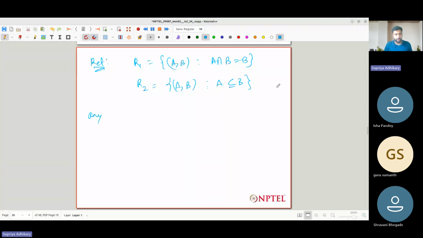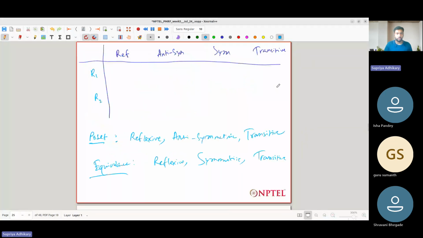Consider any arbitrary set A. Now A intersection A is indeed A, so that implies that AA belongs to R1. And again A is a subset of A, so that will imply that AA also belongs to R2. So definitely R1 and R2 both are reflexive relations.